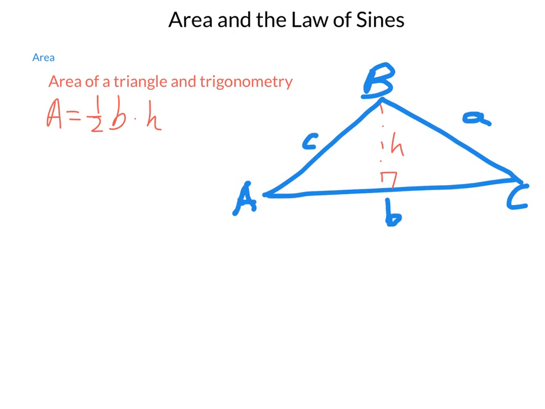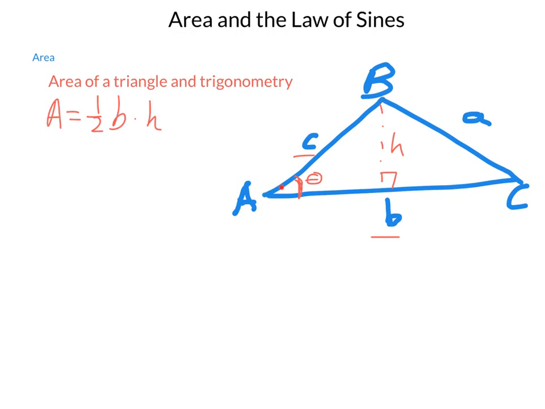Arbitrarily, if I were to pick angle A and know its angle, and then also have these pieces, what I can find is that from the perspective of angle A, dropping this altitude creates a right triangle.